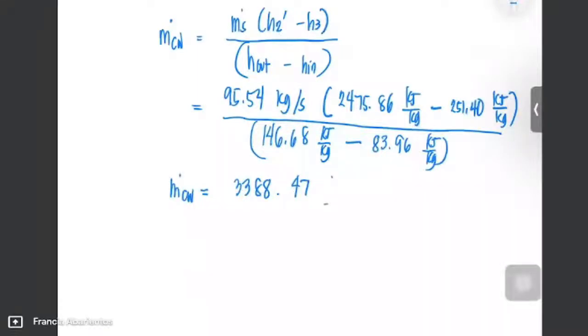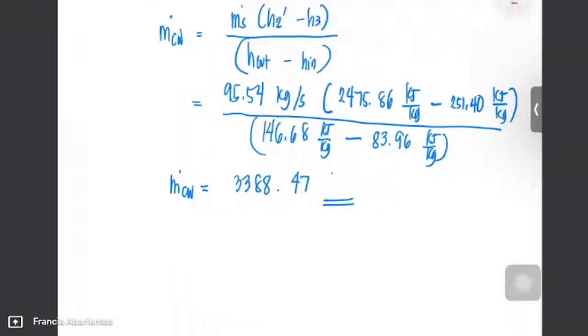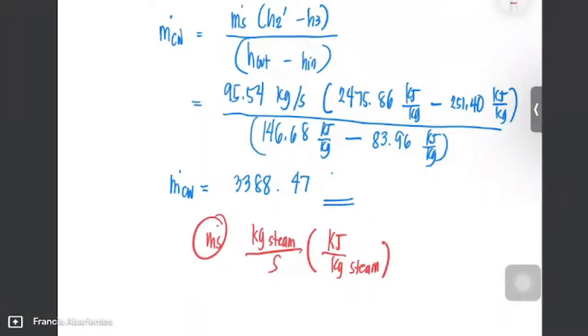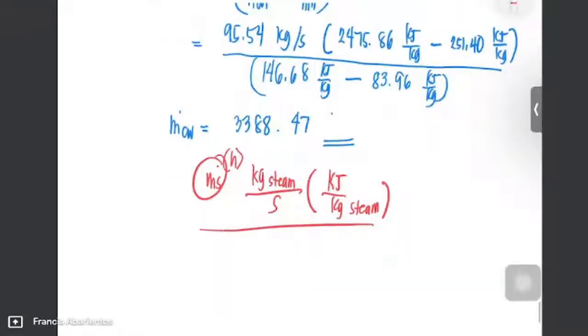Ano yung magiging unit mo? Okay. Ito class, sa taas. Yung sa taas, steam. That is kilogram steam per second times kilojoule per kilogram of steam. Diba? Sa baba naman class, times H. Sa baba, we have kilojoule per kilogram of, hindi na siya steam, water.